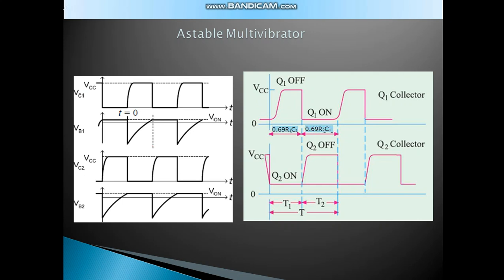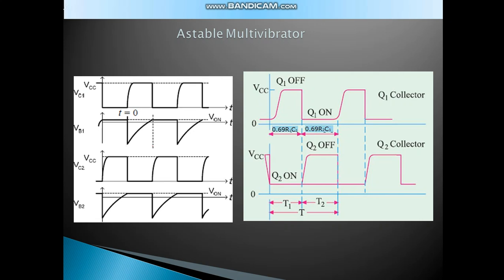So let us see the frequency of oscillation. It can be proved that off time of Q1 is T1 equal to 0.69 R1 C1 and of Q2 is T2 equal to 0.69 R2 C2. So consider T equal to T1 plus T2, so 0.69 (R1 C1 plus R2 C2).